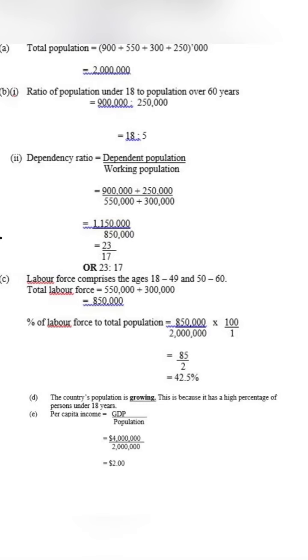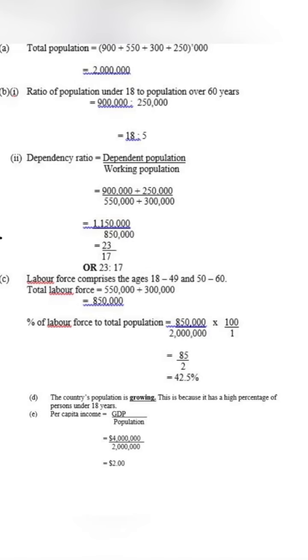Dependency ratio, as you know, is the dependent population, or the people who are not part of the working force. That is from 0 years to 17 years and from 60 years and above. Together, they form the dependent population.